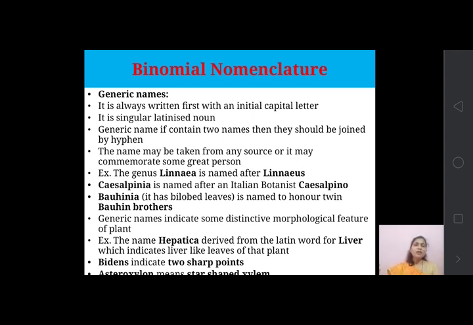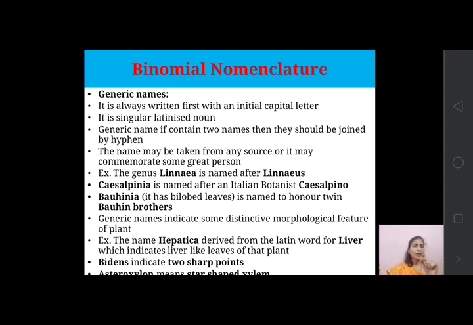Then Bauhinia. It has the Bauhinia leaves. You see the kanchan, that is a plant, the Apta tree as we call it. That plant has leaves which have two lobes, bilobed leaves, 1 and 2 lobes.